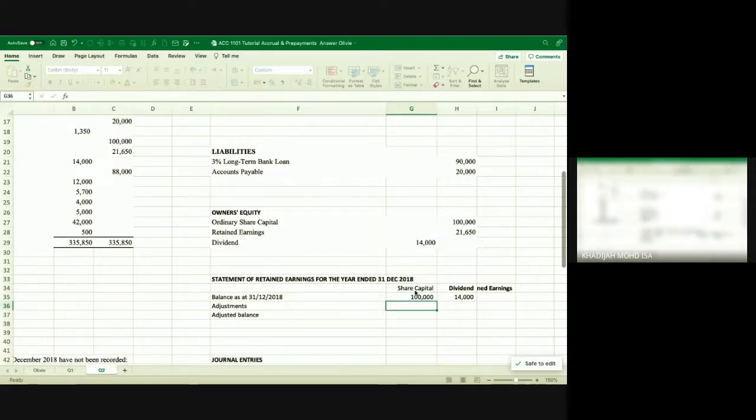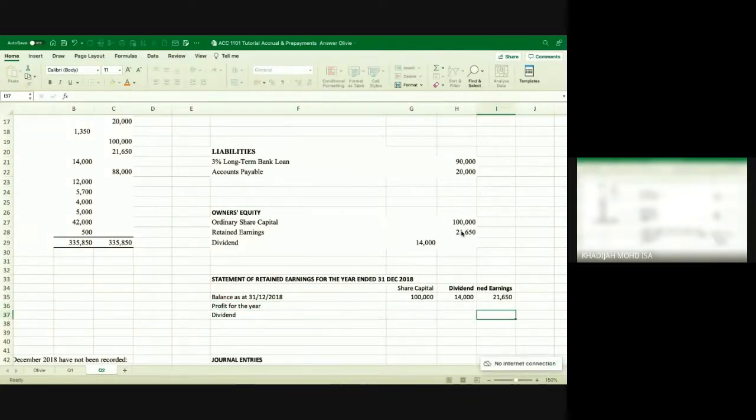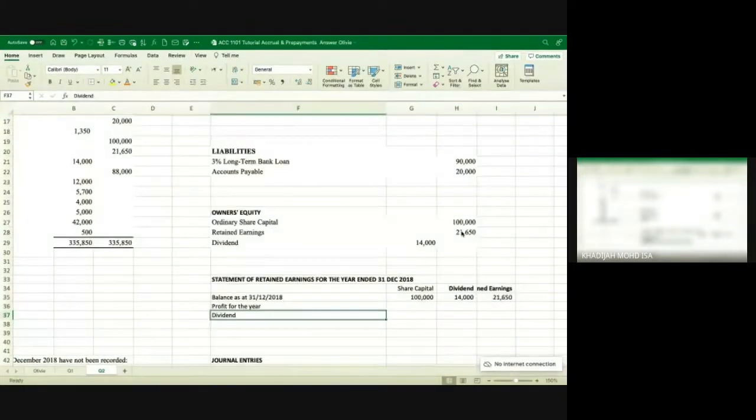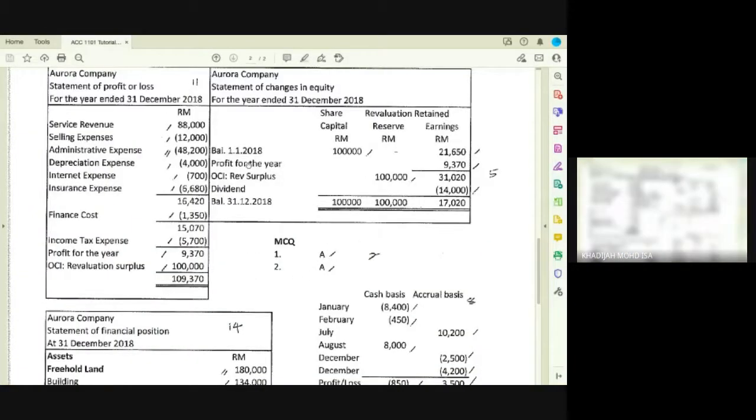So adjustment is, and then we have retained earnings 21,650. Here is your profit for the year minus dividend. This one we'll do later. So this is the adjusted balance. I'm not sure about this part, later we check again. So they have balance 1st January, 31st December.